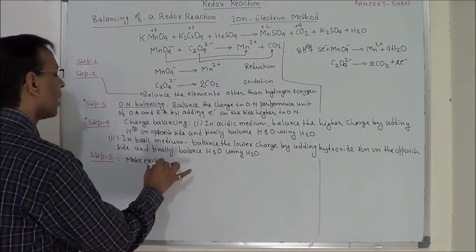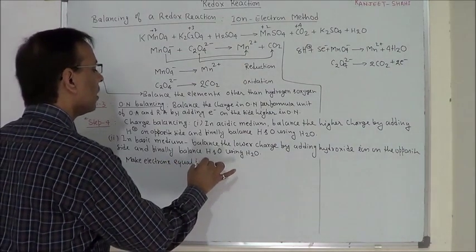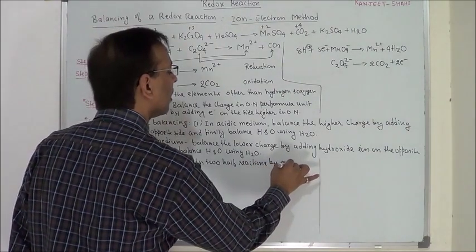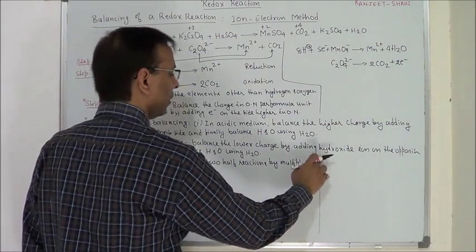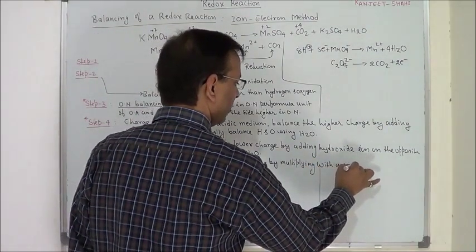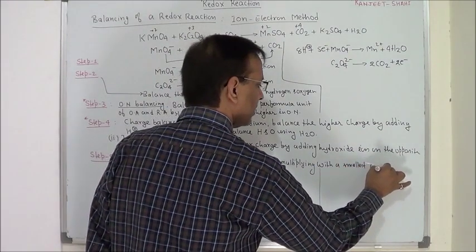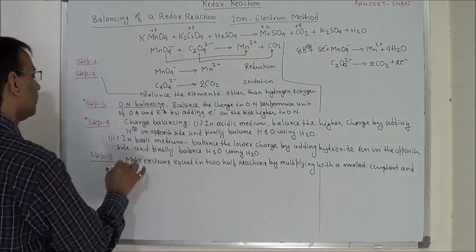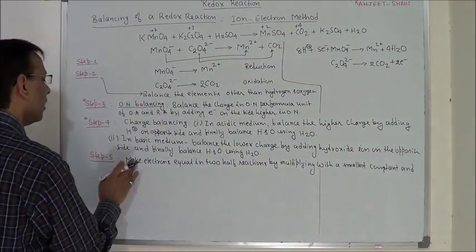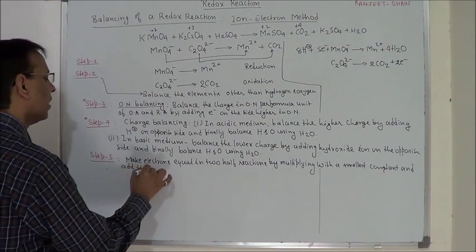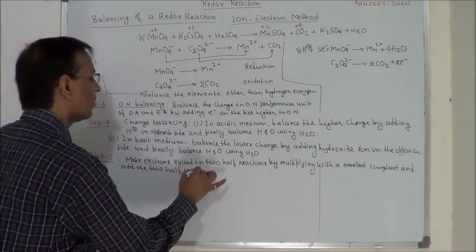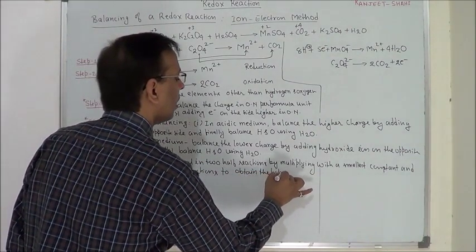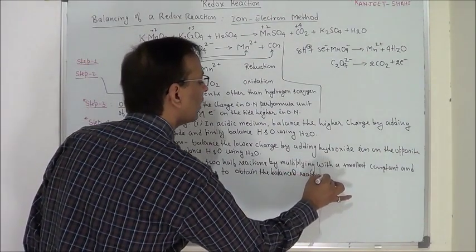Make electrons equal in the two half reactions by multiplying with the smallest constant, and add the two half reactions to obtain the balanced reaction.